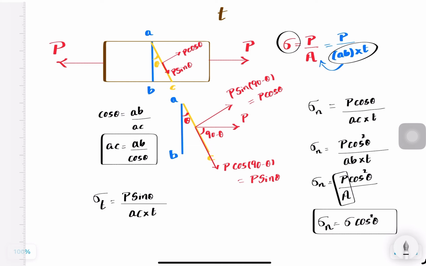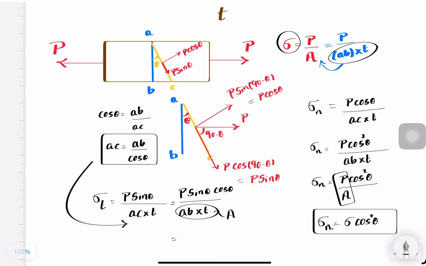In the next step, it can be written as P sine theta divided by, we know AC is AB by cos theta, so if you plug this value here, you get AB divided by cos theta. I can take this cos theta to the numerator, so cos theta into thickness.